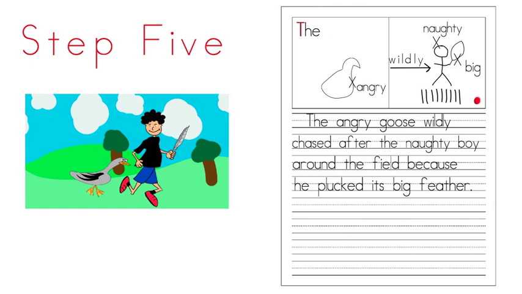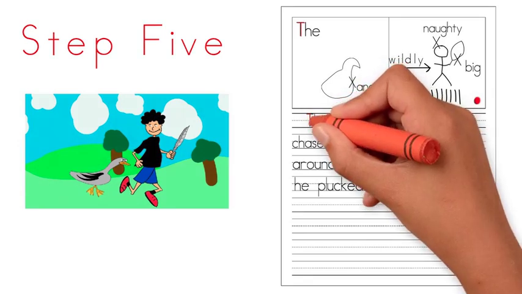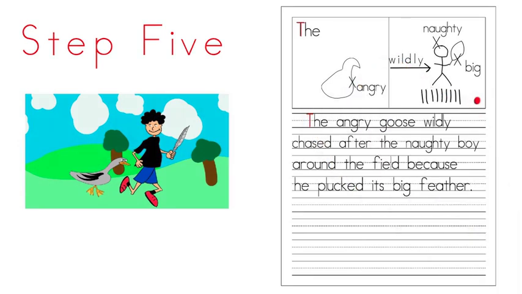It's editing time! Grab your red crayon. Trace the capital T and the period to check that you have a capital and stop in the sentence. Fabulous job! You have a complete sentence that tells all about the idea.